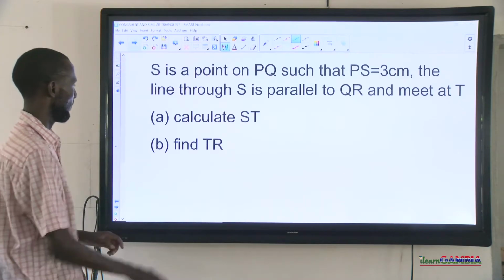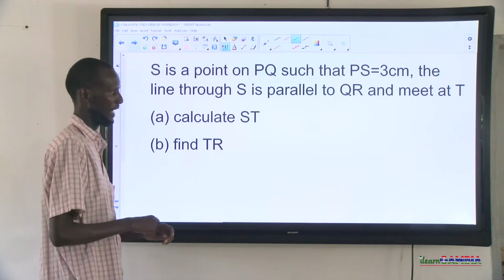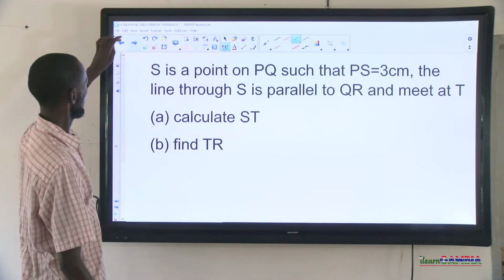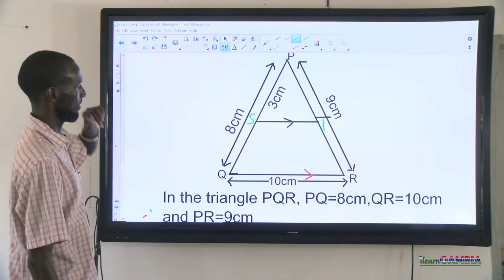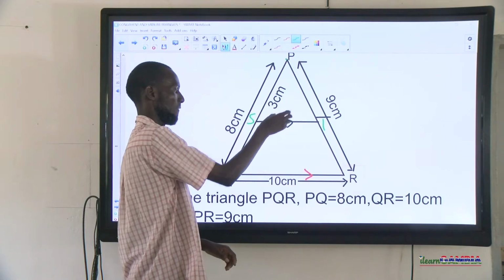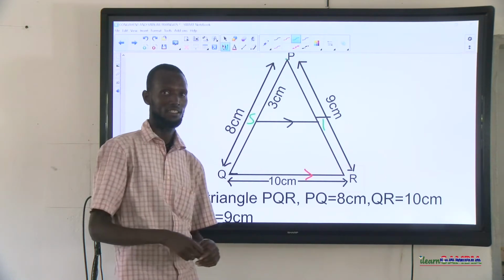Now, we are asked to calculate ST and also calculate TR. But we need analysis. First, this small triangle and this bigger triangle, are they similar?